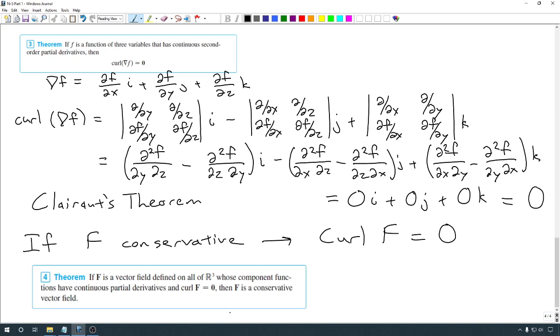This is actually true in a slightly more general sense as long as our domain is what we call simply connected, just like we had for 2 dimensions. The only issue here is that simple connectivity is a little bit harder to define outside of the plane. For instance, we saw that if our domain was missing just the origin in 2 dimensions, that caused a problem and forced us to not be able to have a conservative vector field there, at least the vector field that we took a look at in that section. But in 3 dimensions, that's actually not true.